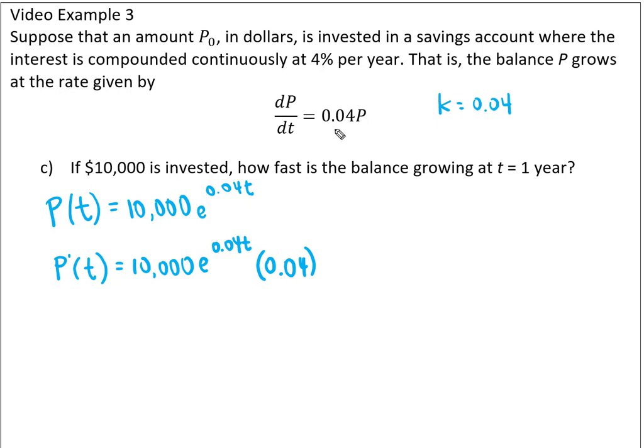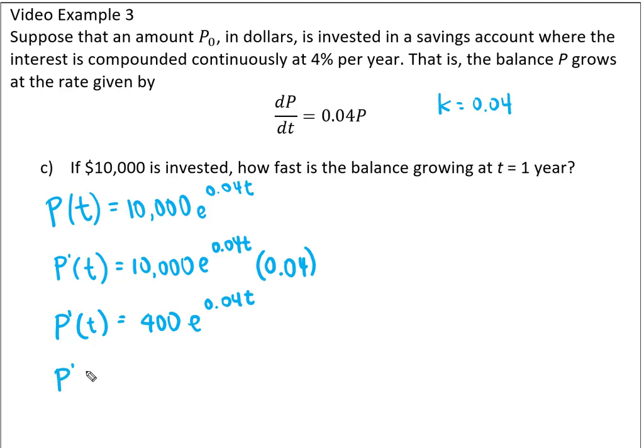But notice that that's also what we started off with. The derivative is 0.04 times our original function. If we multiply it out, 10,000 times 0.04 is 400 e to the 0.04t.